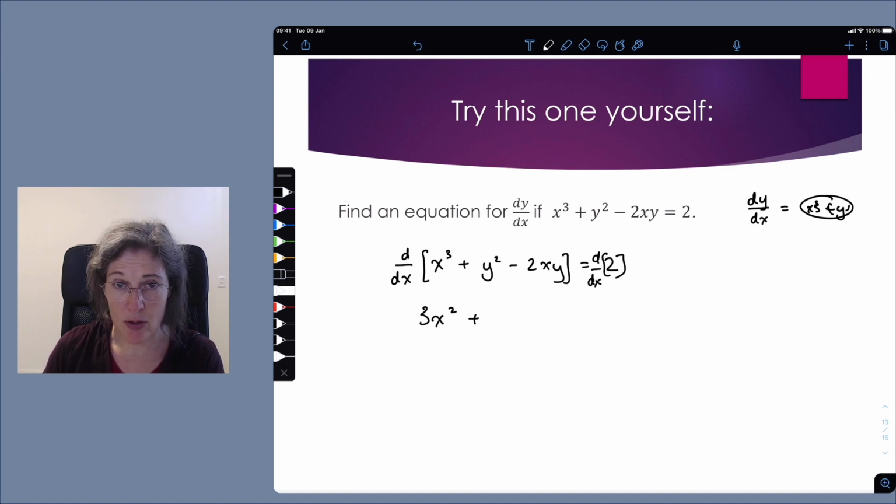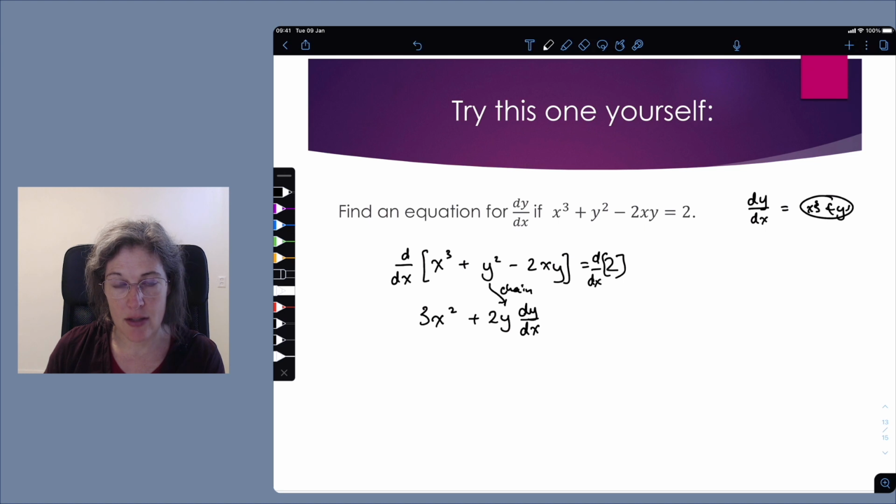Now remember, when we're doing this sort of implicit differentiation, that's what this is called, we're thinking of y as a function of x. It's just a function that we don't know explicitly what it is. So what we've got to have here is 2y times the derivative of y, which I should write as dy by dx. So that was a chain rule that I used here.